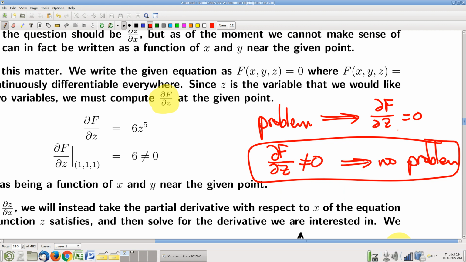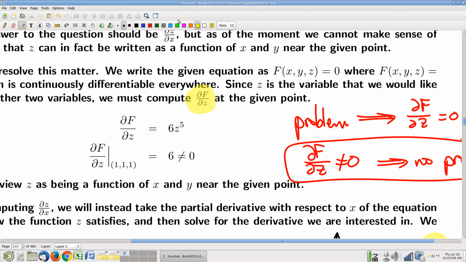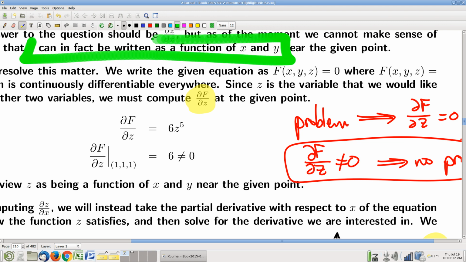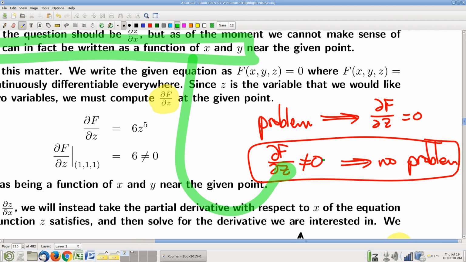And again, if you want to write z as a function of x and y and start taking partial derivatives and doing just kind of algebra, whatever variable you want to view as a function, that's the variable that you take the partial with respect to, confirm it's not 0, and then declare that yes, you can view it as a function.